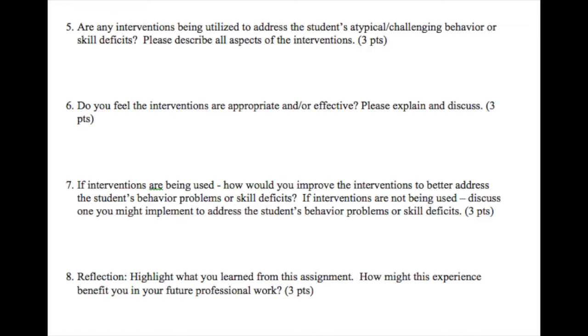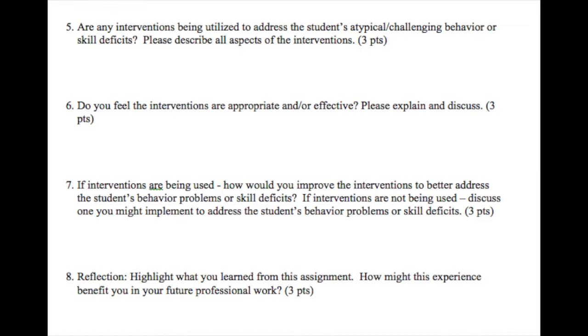Question 6 just asks if you feel the intervention is appropriate and/or effective. And so this is referring to the behavioral intervention that you talked about in question 5. So try to use any data the teacher might have to support why the intervention is effective or maybe isn't effective. And try to provide specific examples.